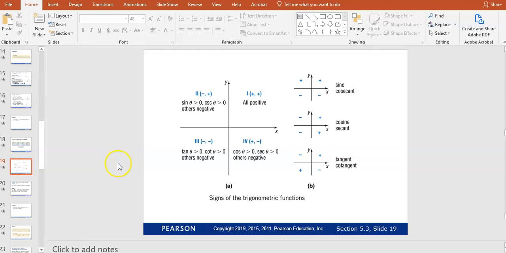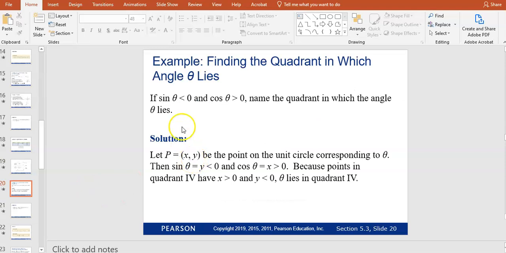Hopefully we're doing good. So here, all students take calculus. So that gives you a little bit of each one of these in a separate diagram. So finding the quadrant in which the angle theta lies. Well, let's see. If sine theta is less than 0 and cosine theta is greater than 0, name the quadrant.